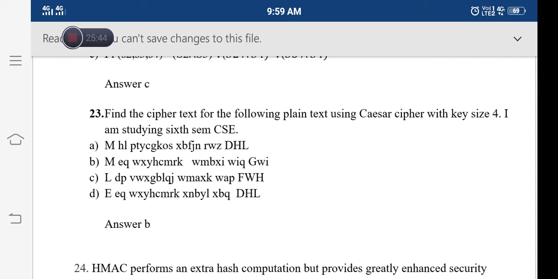In the Caesar cipher with key size 4, for the letter I, after I comes J, K, L, M, so I get M. Here you have the option between A and B.